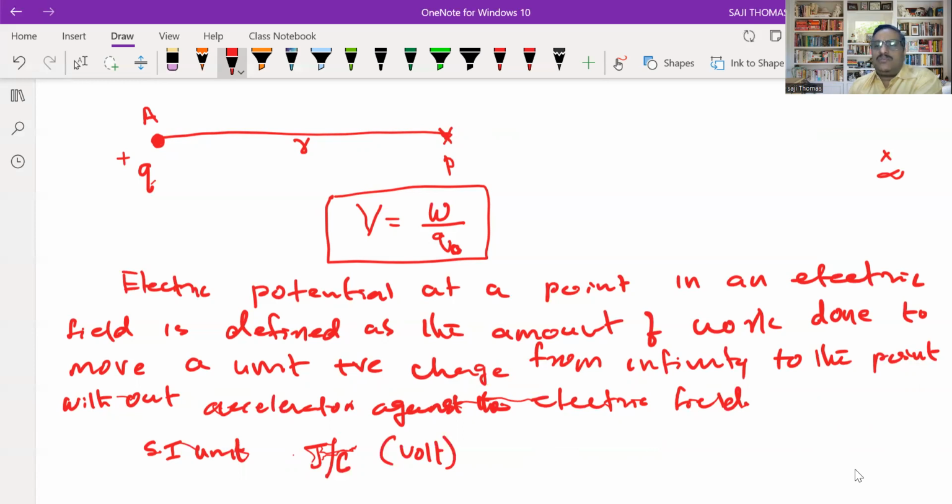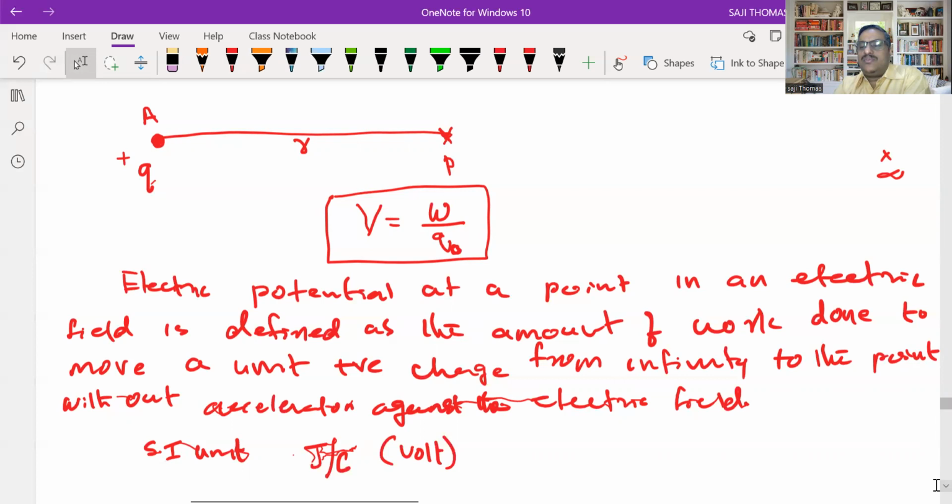As you are moving a unit positive charge towards the source charge, potential increases. If you move away from a positive charge, potential due to it decreases. In the same way, if you move towards a negative charge, potential due to it will decrease. If you move away from a negative charge, potential due to it increases.